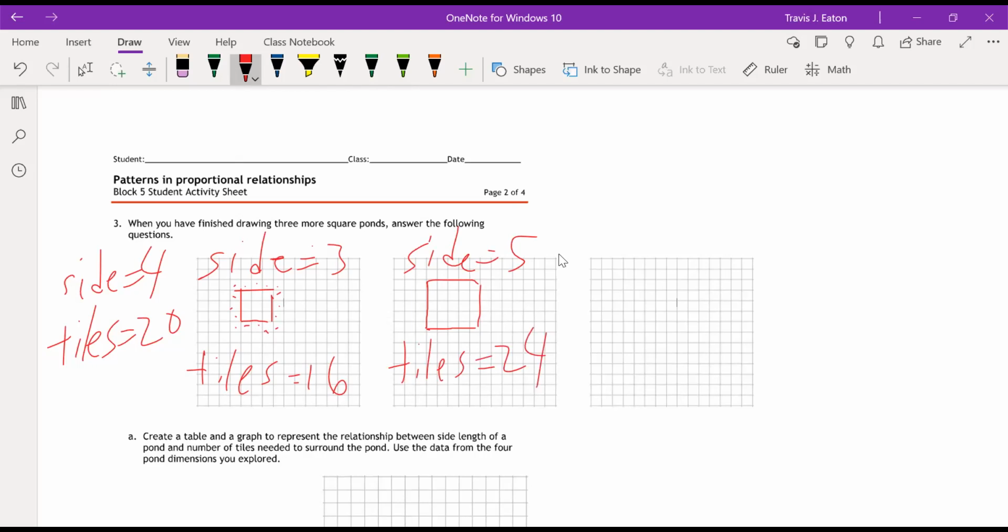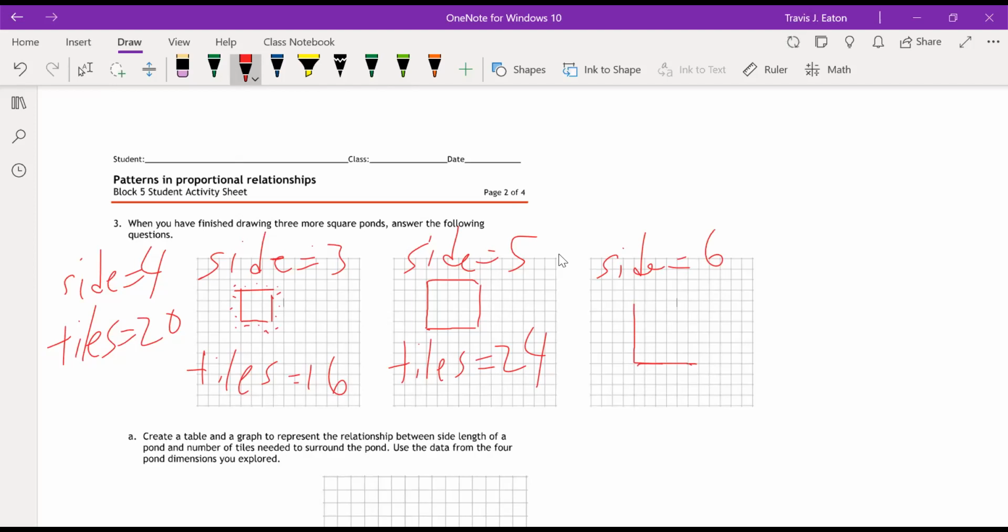All right. What about 6? What if we have a side length of 6? So let's draw 6. 1, 2, 3, 4, 5, 6. Yep. 1, 2, 3, 4, 5, 6. One more.